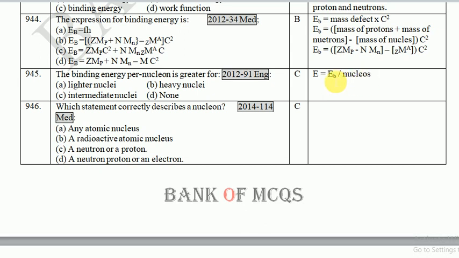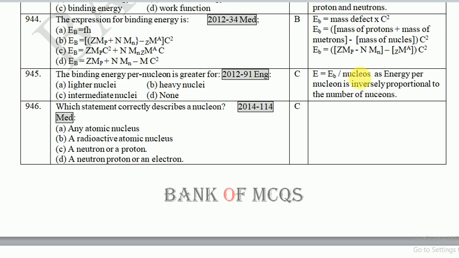So as we can see, energy per nucleon is inversely proportional to the number of nucleons.